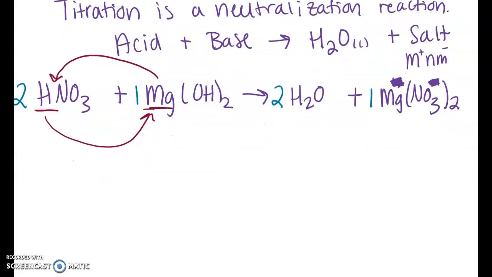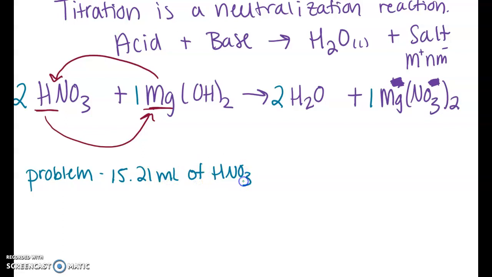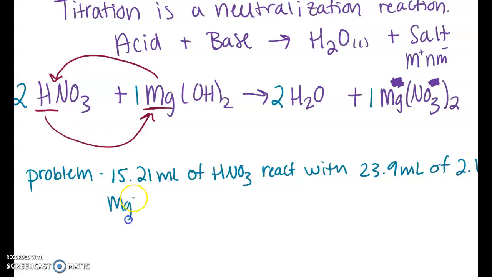In the lab, let's say I have a problem where I'm given 15.21 milliliters of HNO3 to react with 23.9 milliliters of a 2.1 molar magnesium hydroxide solution.